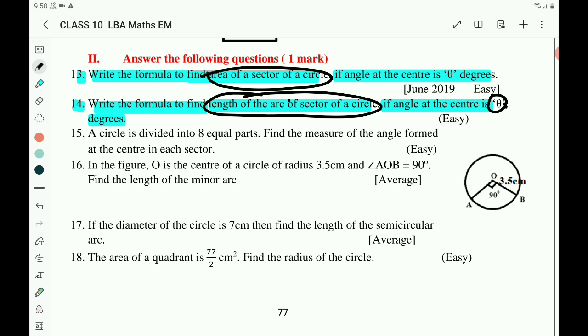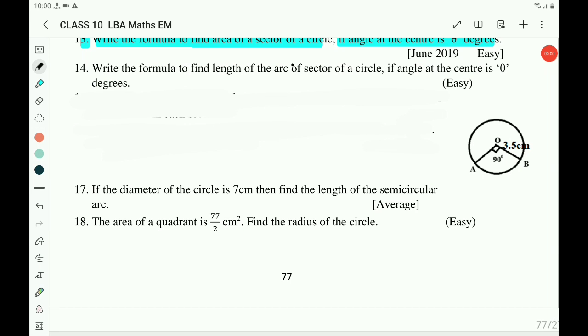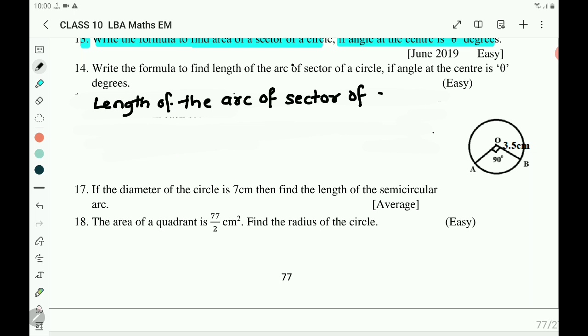So let us write that answer. Length of the arc of a sector of a circle equals what?